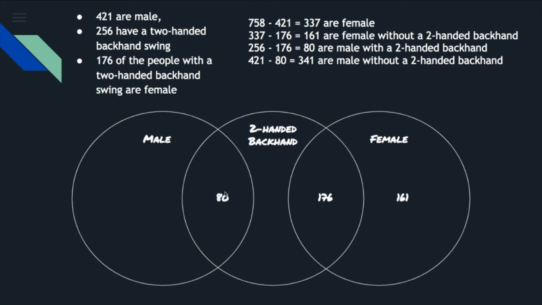And the 341 that are male without a two-handed backhand swing goes here. Now, out of the 758 spectators, we can put that in there. Notice that you can't have any spectator in the middle who is both male and female. Like I said, for ease of this lesson, there are only male and female spectators.